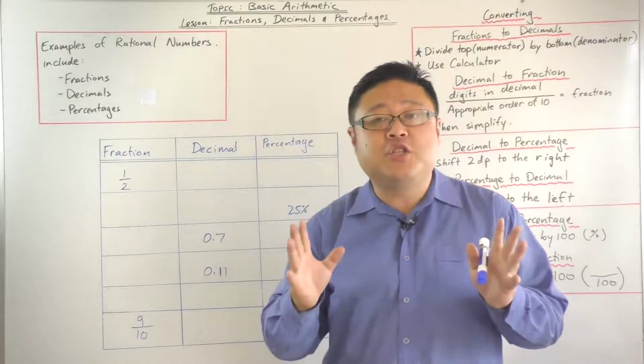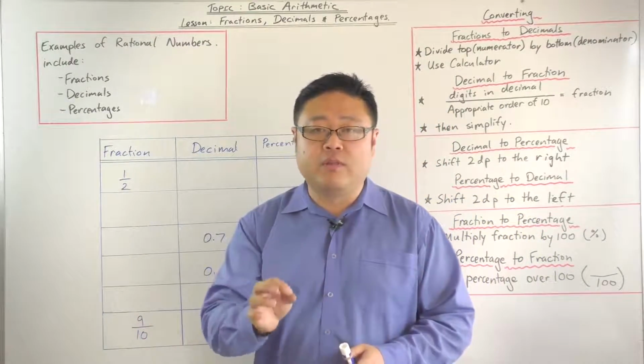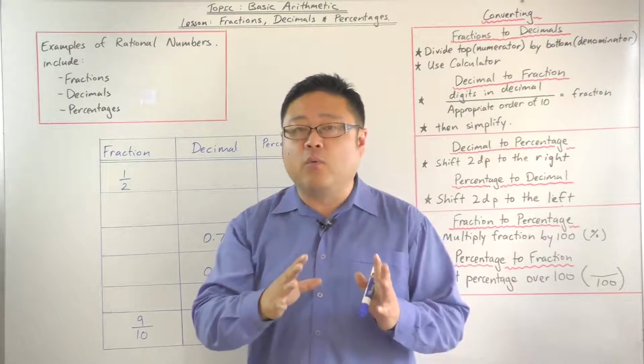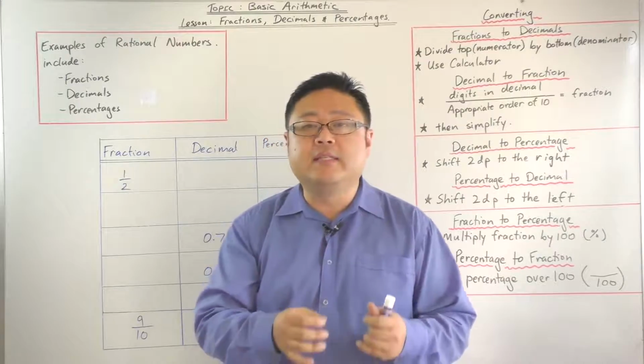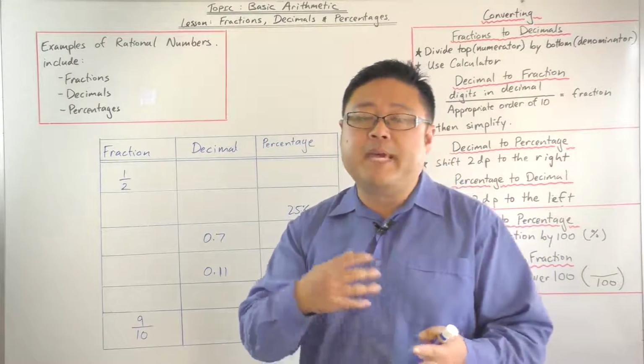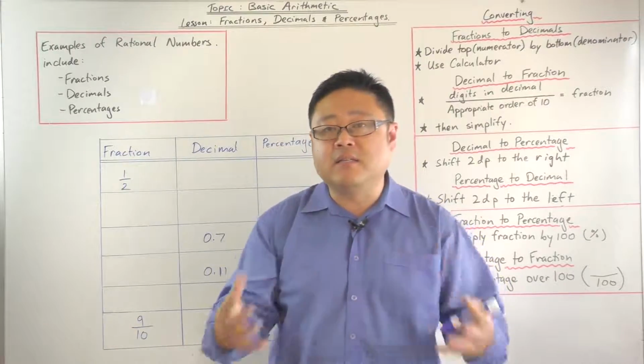And in this whole unit of work, we've been looking at basic arithmetic, and what I want to do is give you the skills to be able to work within the real number system.